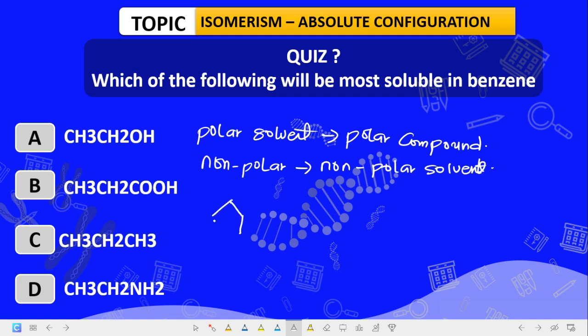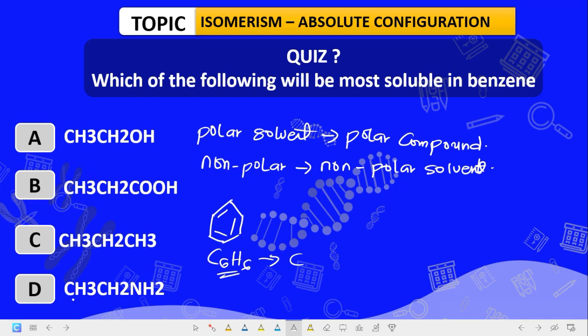Benzene is non-polar because benzene is a hydrocarbon consisting of only carbon and hydrogen. So it will be soluble in only the compound containing only carbon and hydrogen without addition of oxygen, nitrogen, or whatever, because all those ones are polar.